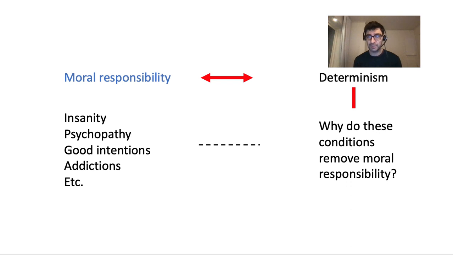And the final step of Franklin's argument is then to show that determinism is covered under these conditions. So he's trying to convince you that if you accept that these conditions here diminish moral responsibility, then you also have to accept that determinism removes moral responsibility, because with determinism, the same factors are in place in both cases.